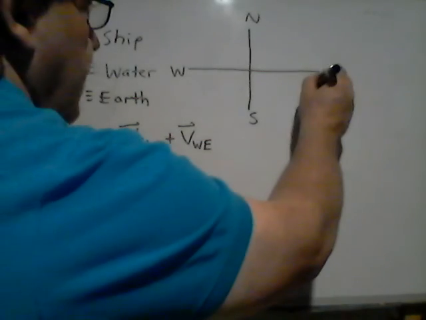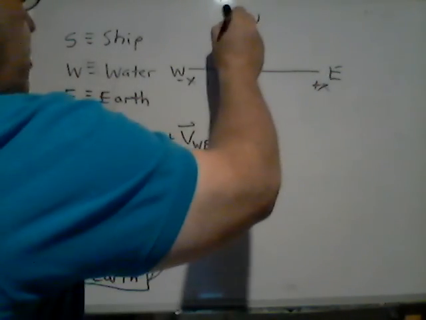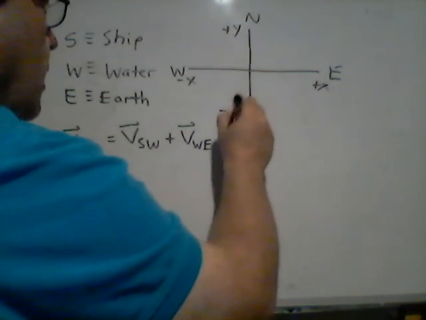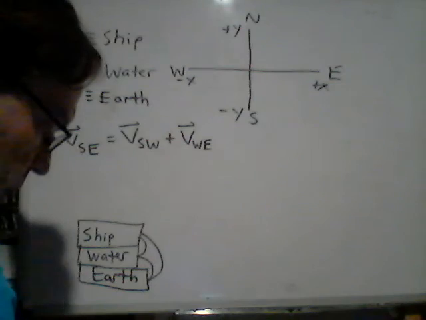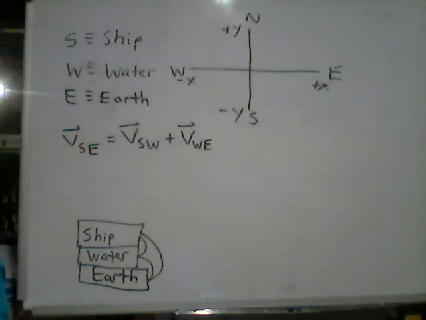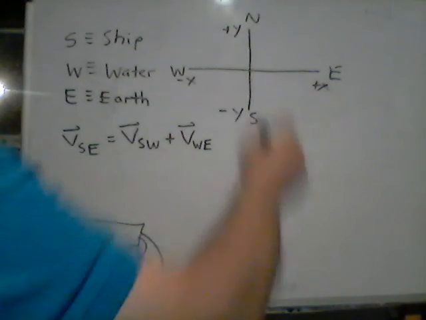So I like to think in terms of plus x, plus y, and minus y. We're told that we have 25 degrees west of north for the velocity of the ship with respect to the water.